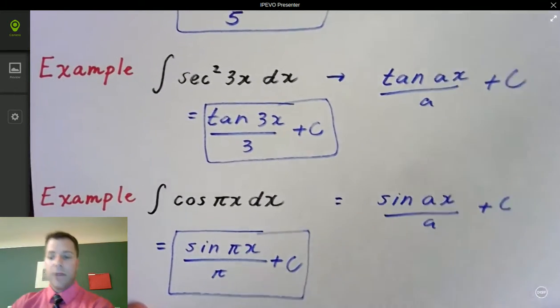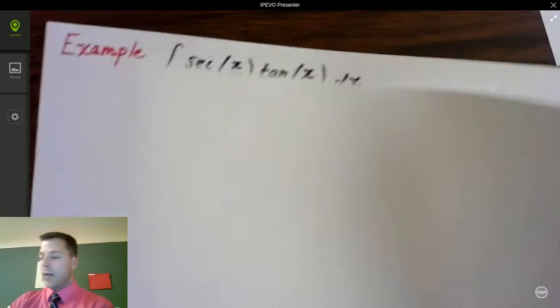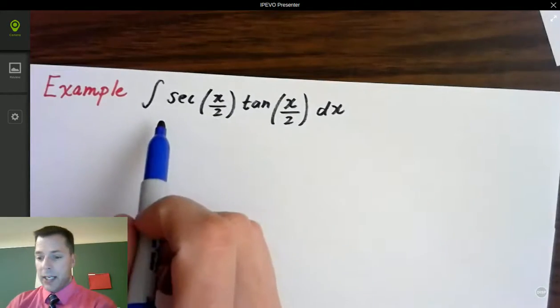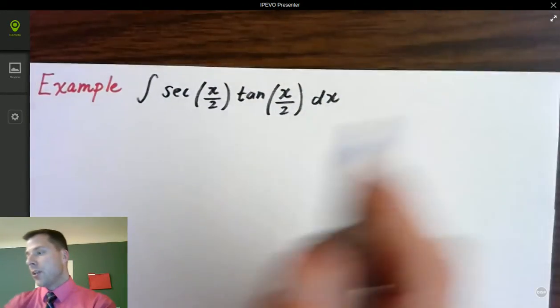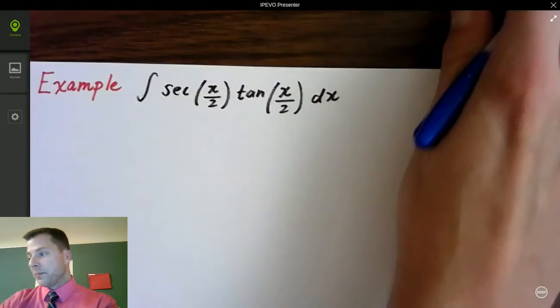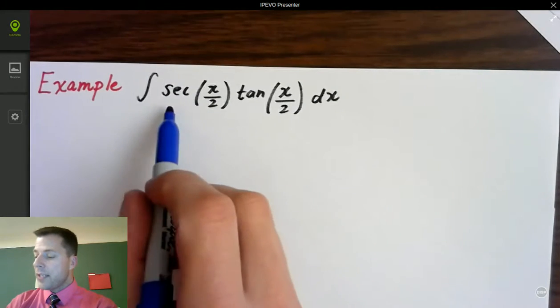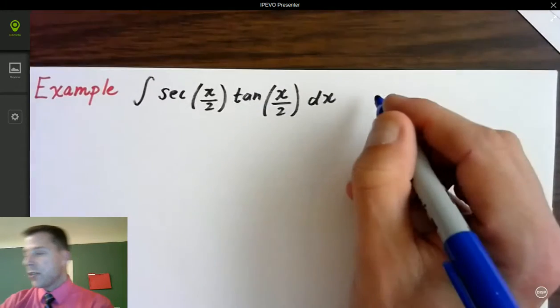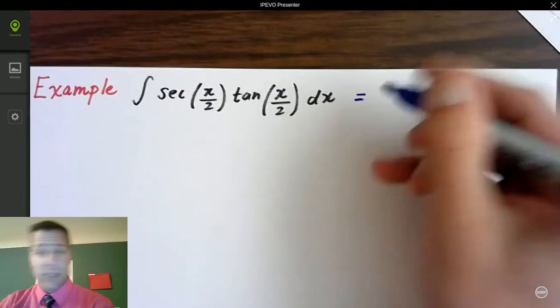Okay, and we've got one more to show you here. There's our last one, secant times tangent of x over 2. I got to cheat sometimes and look at my rules.